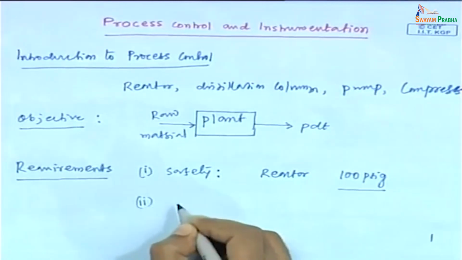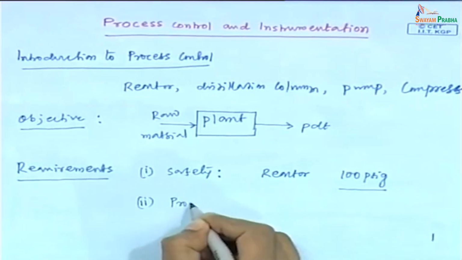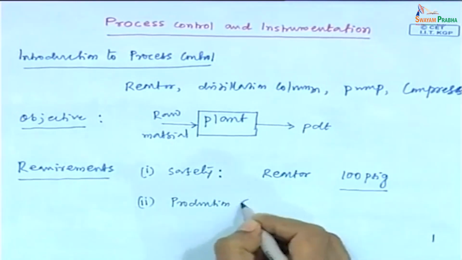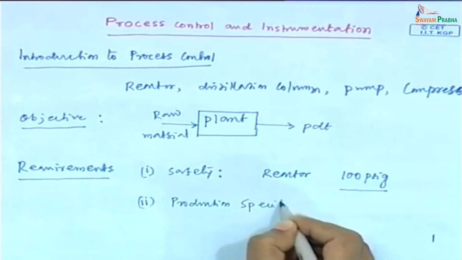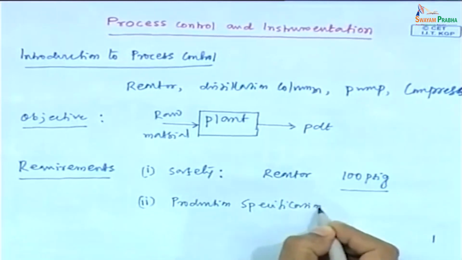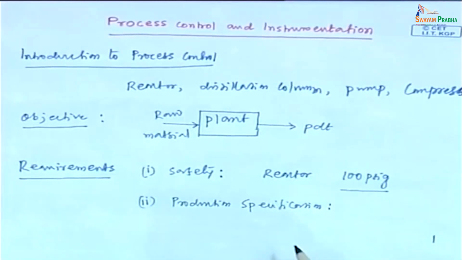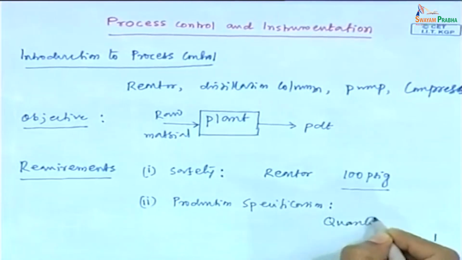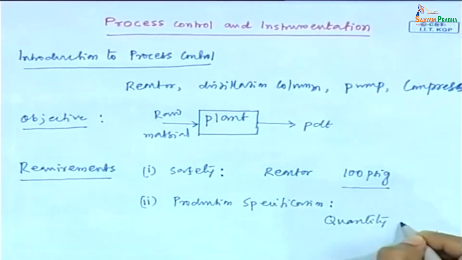Second one is the production specifications. A process must produce desired amounts of product and desired quality of product.